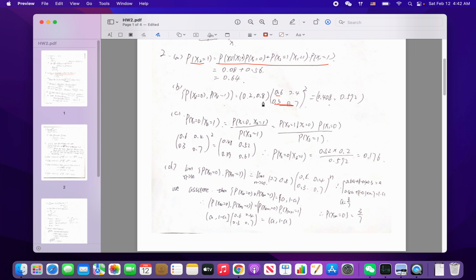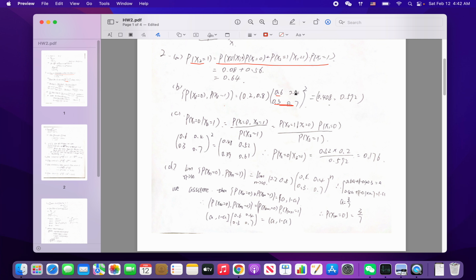In this question, we can use a matrix. So this matrix, we can write the probability that x(k+1) equals 0 given that xk equals 0, like this.